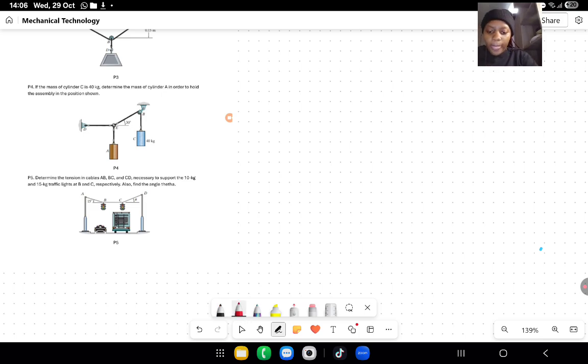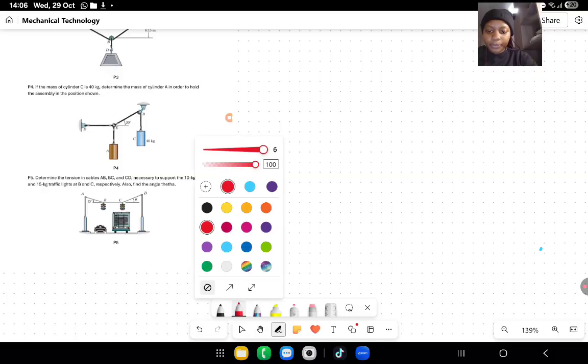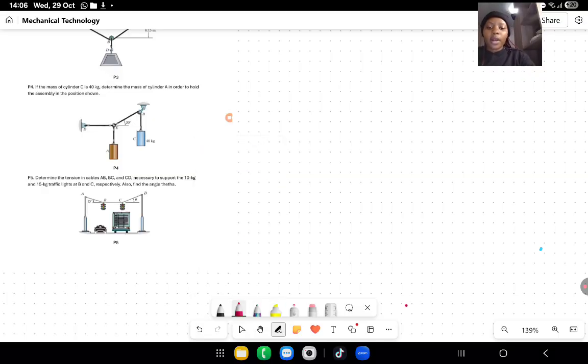So now we will firstly draw our free body diagram for B. Our free body diagram will be like this.